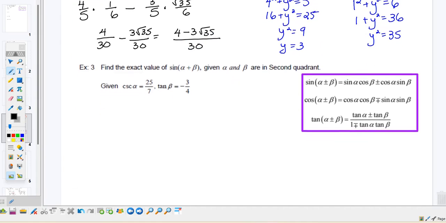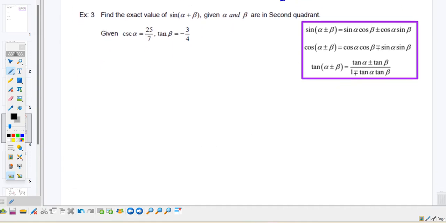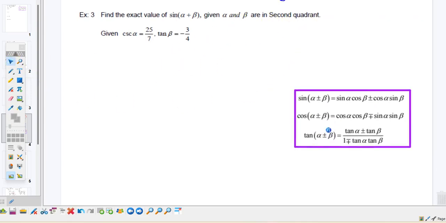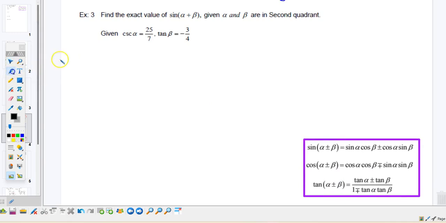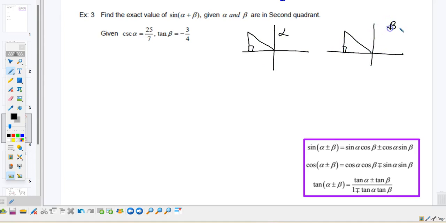All right, one more. Now alpha and beta are in the second quadrant. Cosecant, oh, that's the reciprocal of sine.